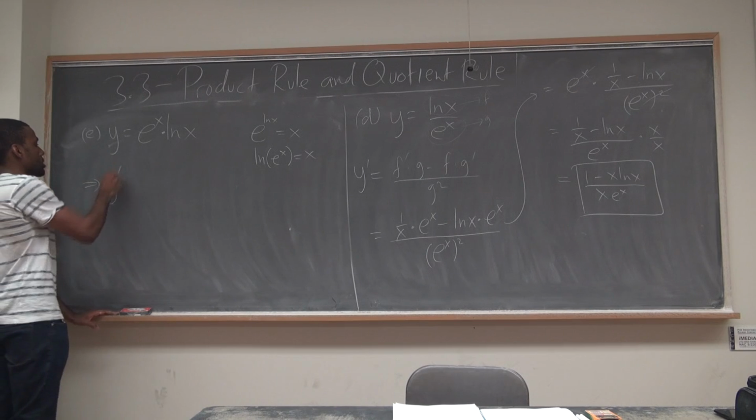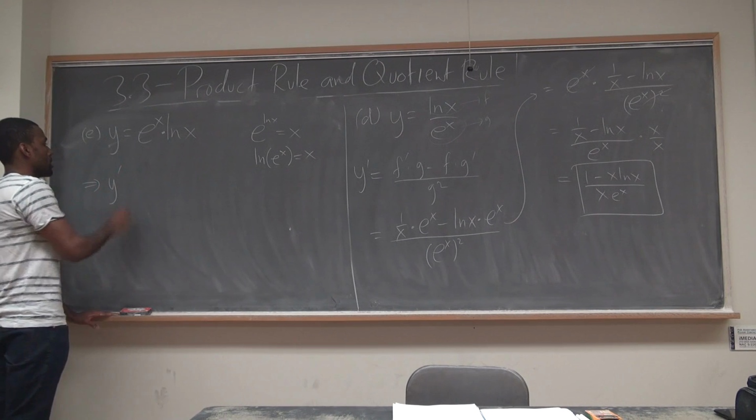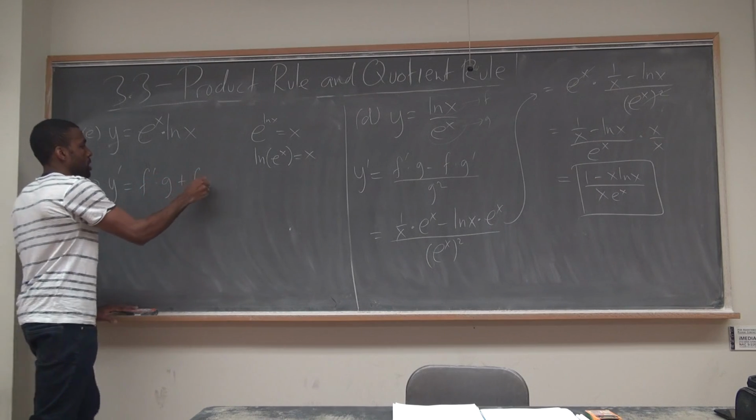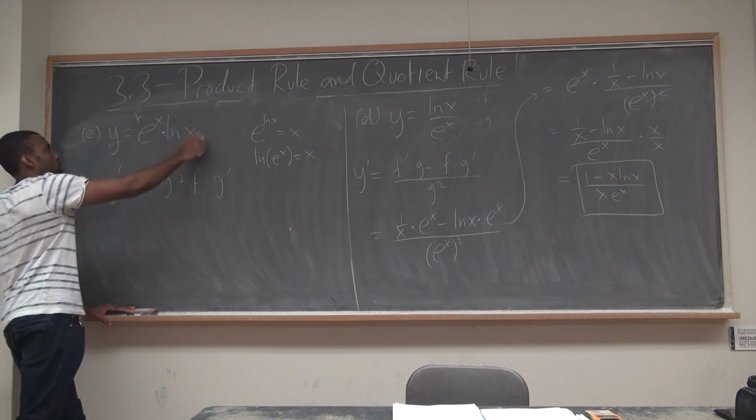Which means, how am I going to differentiate it? What rule? Product rule. I have a multiplication of things, so I'm going to take f prime times g plus f times g prime, where this is what I'm calling my f, that is what I'm calling my g.